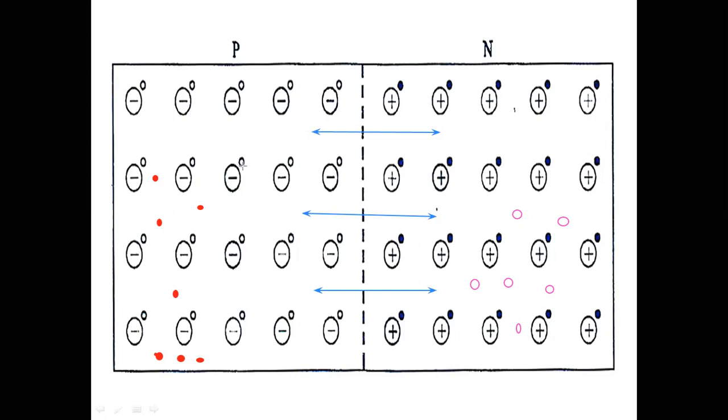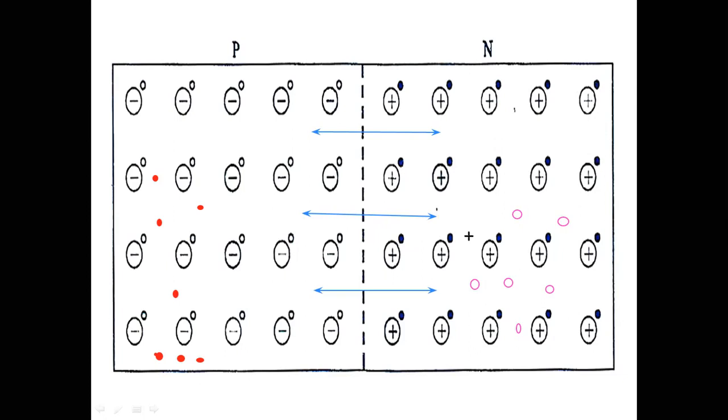And recombine with holes means what? What do the holes represent here? The holes represent vacant energy states in the valence band. What are these electrons, under room temperature, let us assume? These electrons are in the conduction band.